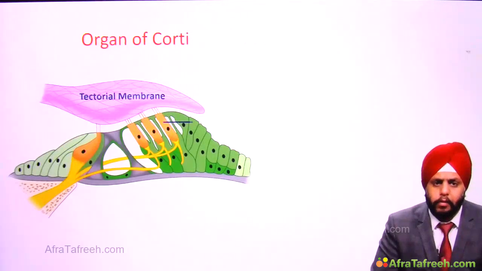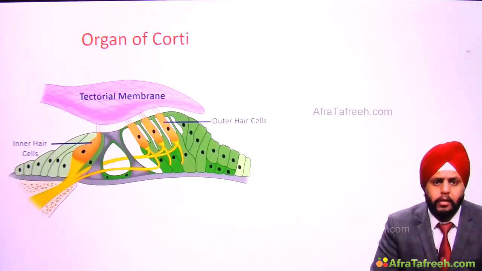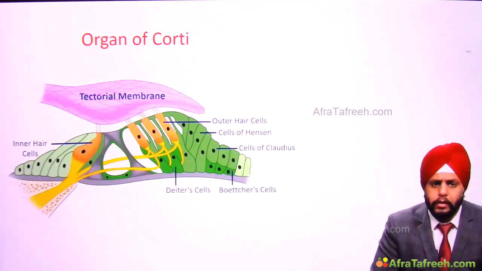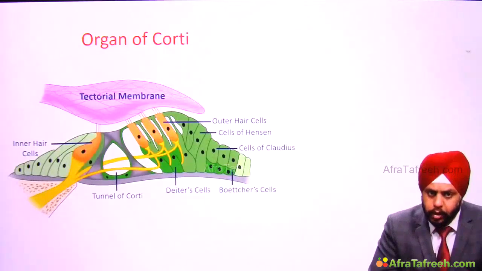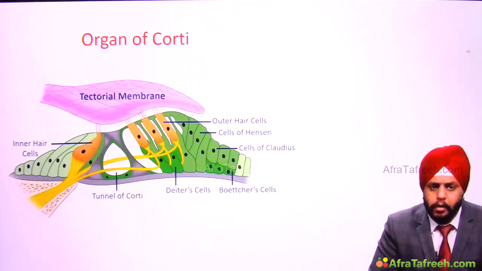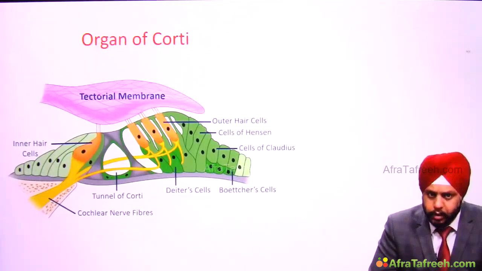Other cells you can see over here are the outer hair cells, the inner hair cells, the cells of Hensen, cells of Claudius, Boettcher cells, Deiters cells, and we have some other structures such as the tunnel of Corti. Most important, from these hair cells you can see the nerve fibers coming out. These are the nerve fibers of which nerve? The cochlear nerve, right?